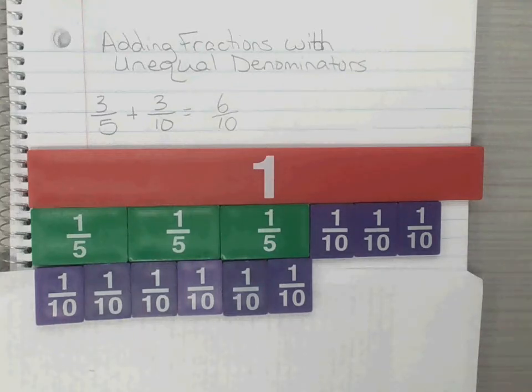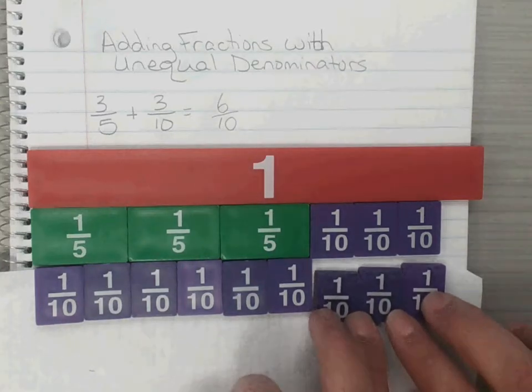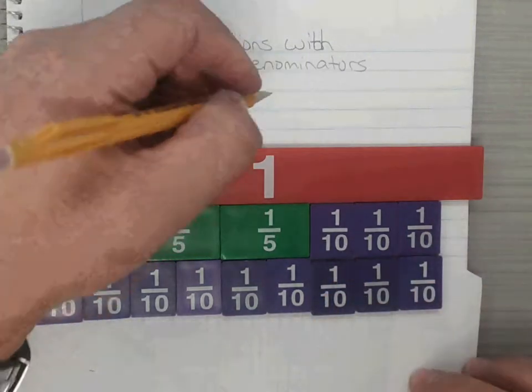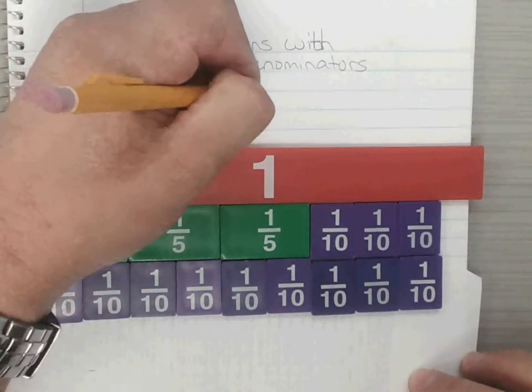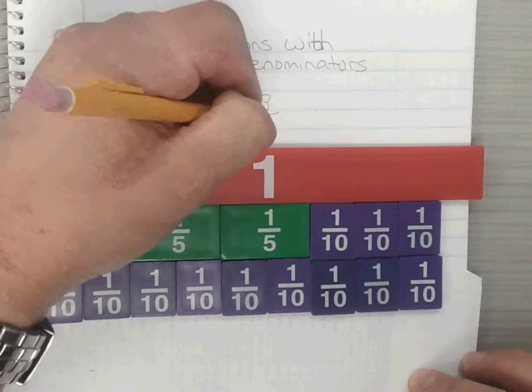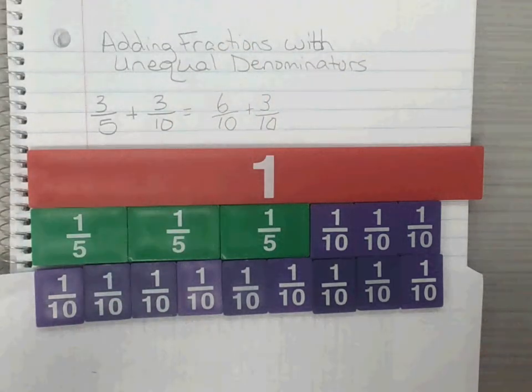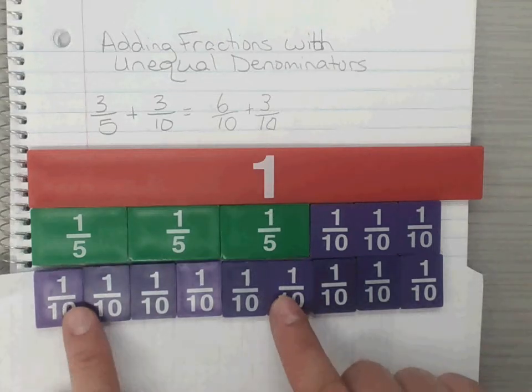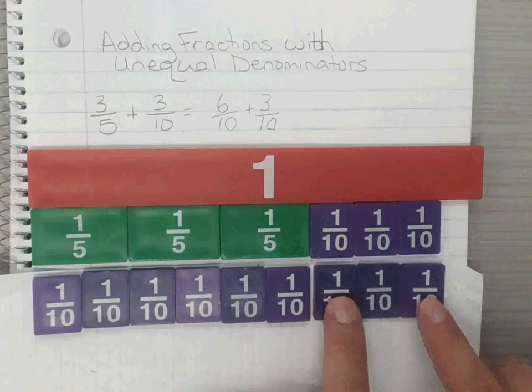Since I'm using tenths, I'm going to go ahead and put 3 more tenths under there to equal my 3/10. So I'm not changing my 3/10 at all. So my new addition problem is 6/10 plus 3/10.